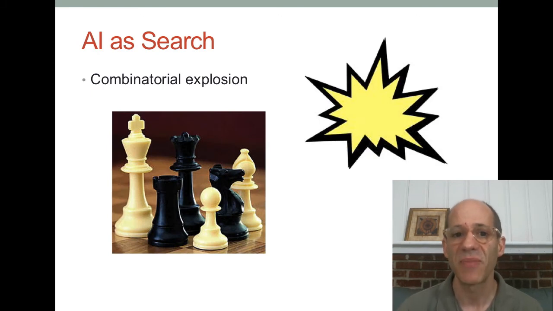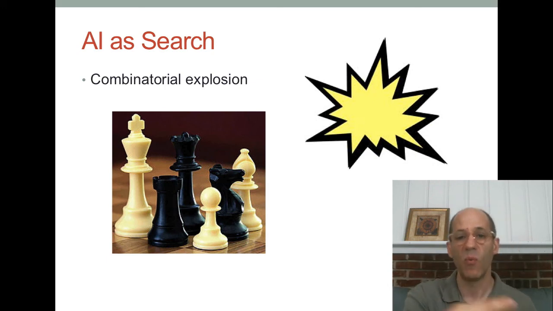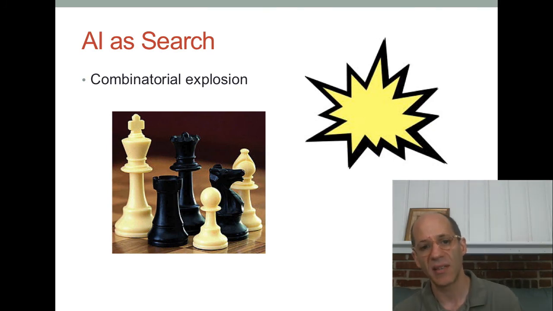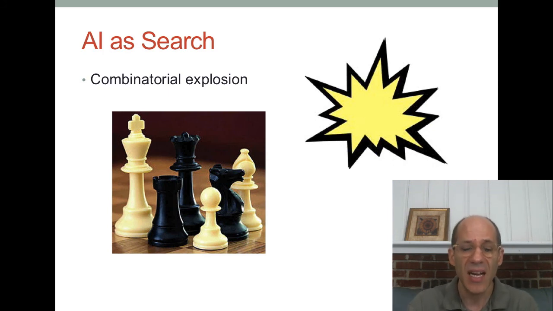But search gets much more complicated. Suppose you want to play chess against a computer, and the computer is deciding what move to make. Well, in a game as simple as chess, you probably know there are many possible moves. How do you decide which move to do? If you were to look at every single possible move, and depending on what they moved, then what we might do, and then what their possible choices were, you look ahead at possible different moves and you get a tree of possible future movements.